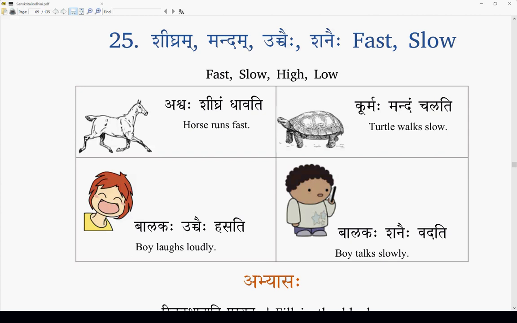That sundaram is a dvitiya vibhakti ekavachanam. So sometimes the kriya visheshanams are avyayam, sometimes they are in dvitiya vibhakti ekavachanam. Sundaram vadati, like that. Or the vahana is going fast, let's say.